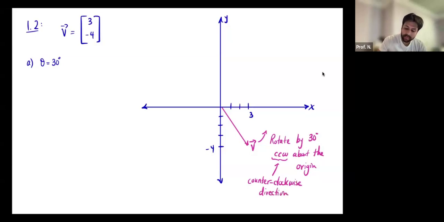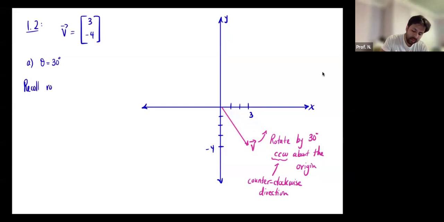That's why we're moving in this direction. I want to rotate this vector 30 degrees this way. I want to know what's the resulting vector.